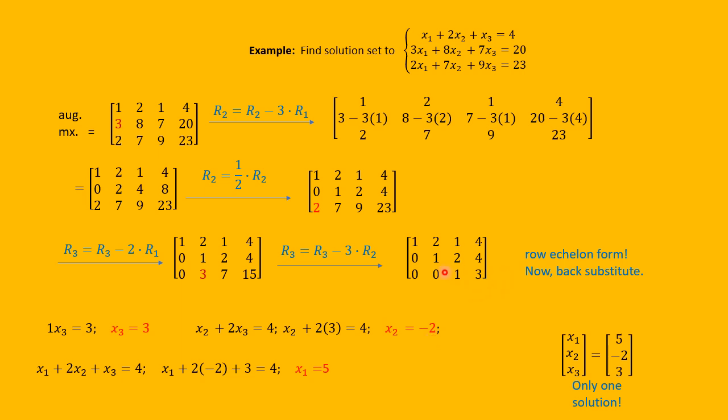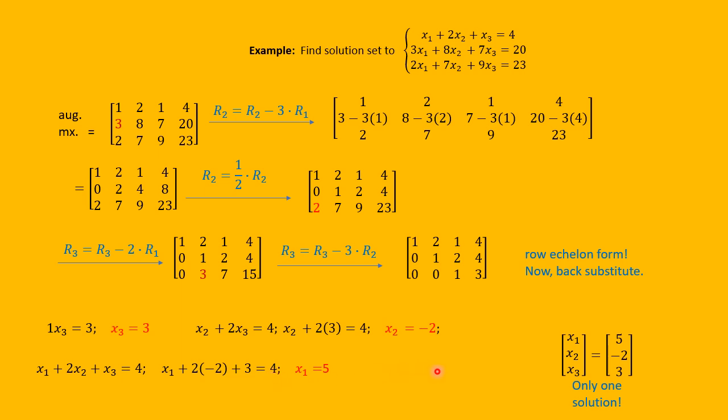So far we've used the last equation to find x sub 3. We used this next one up to find x sub 2. Now we'll go to the top equation corresponding to this row to solve for x sub 1. So this row gives us x sub 1 plus 2x sub 2 plus x sub 3 equals 4. And we know what x sub 2 and x sub 3 are, so substitute them in. X sub 1 plus 2 times minus 2 plus 3 equals 4.